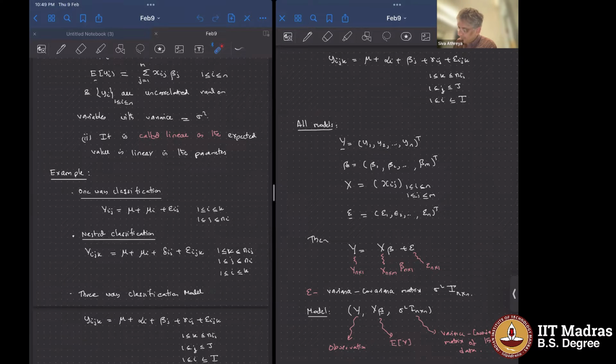Or you could just think of the three key quantities, y, X beta, and sigma squared I. y is the observation, X beta is the mean, and sigma squared I is the variance covariance matrix.